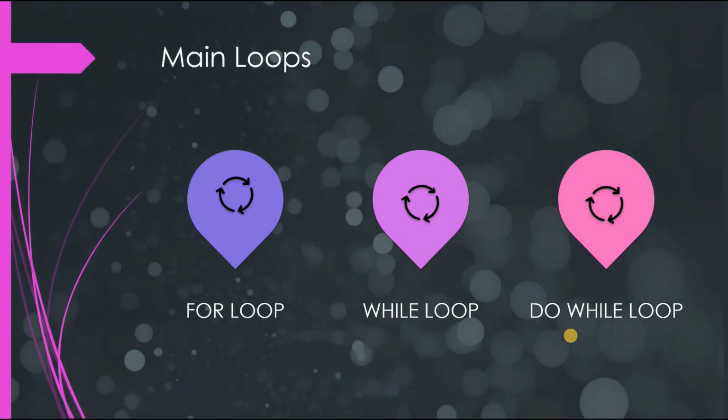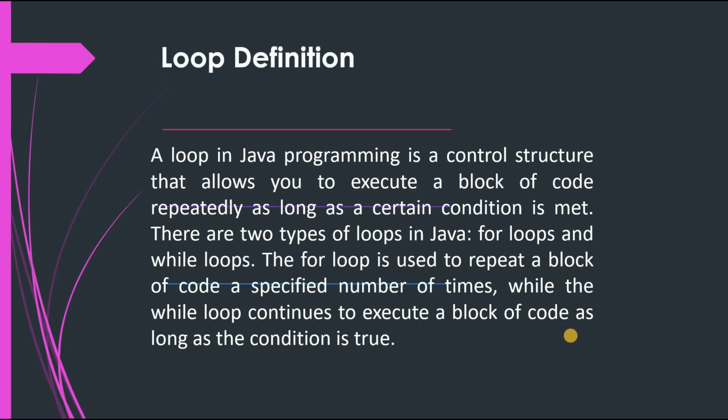Before moving to the for loop, we need to know what a loop is. Actually, a loop is a continuous, iterative, and repeated process. So, all programming languages have the functionality to execute code through loops. In the same manner, Java has a control structure which allows us to execute a block of code along with a condition or precondition.